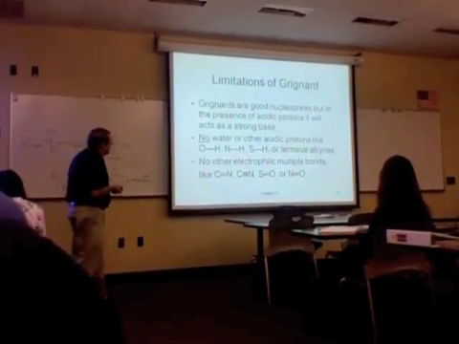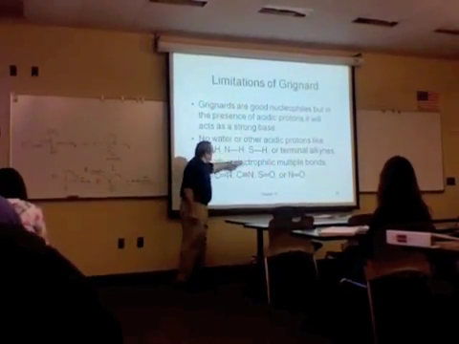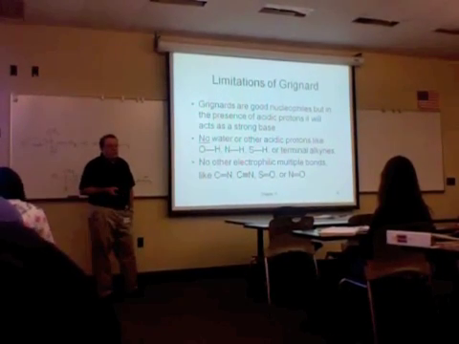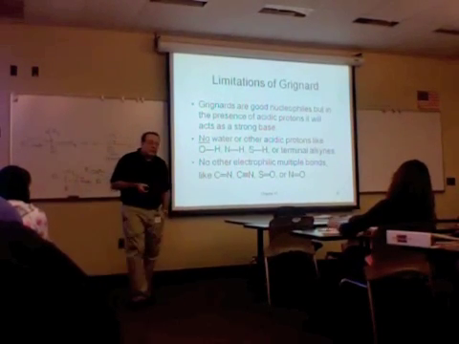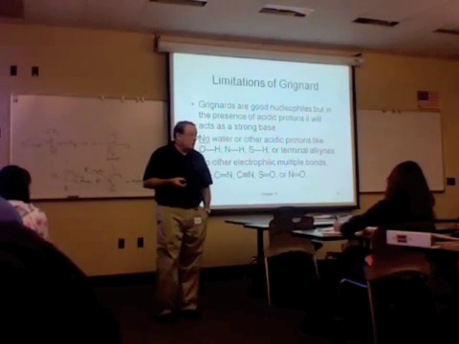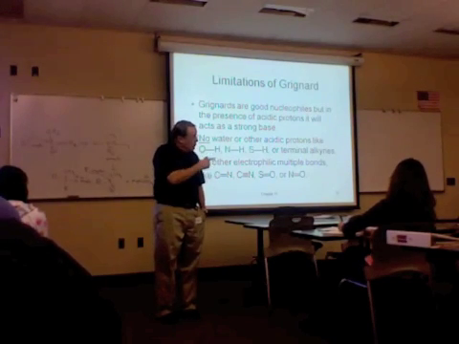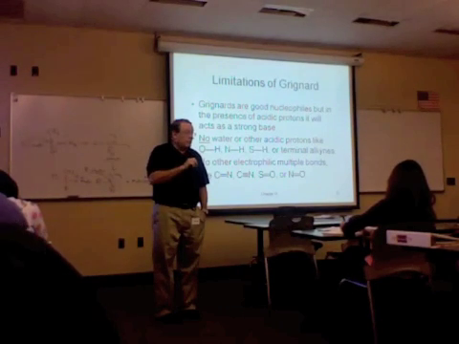You were talking about this previously. Grignards are good nucleophiles, but they're also good bases. So we can't use solvents that contain OH, NH, SH, or even terminal alkynes. What's the deal about terminal alkynes? Yeah, more acidic than we would expect.